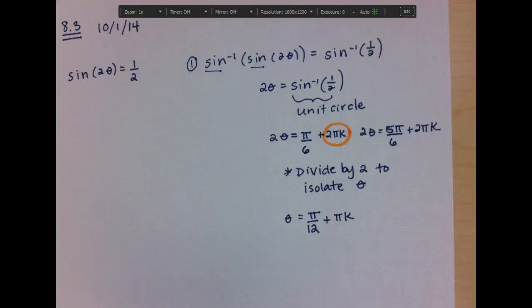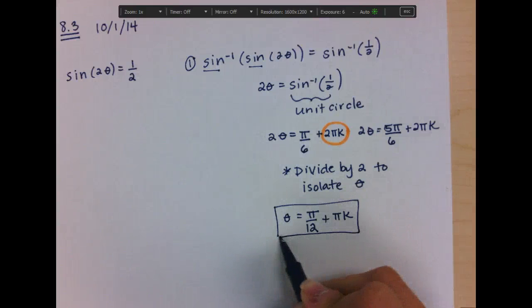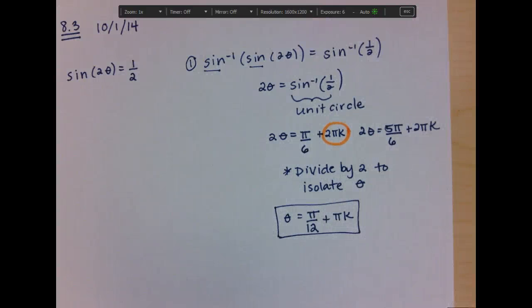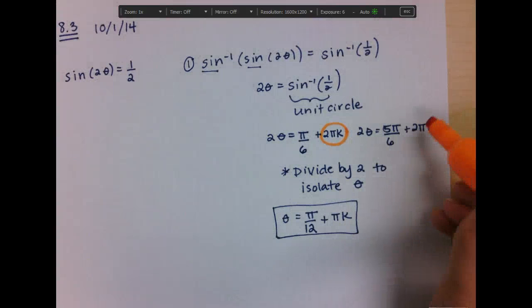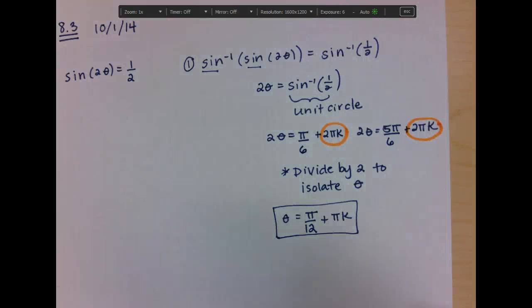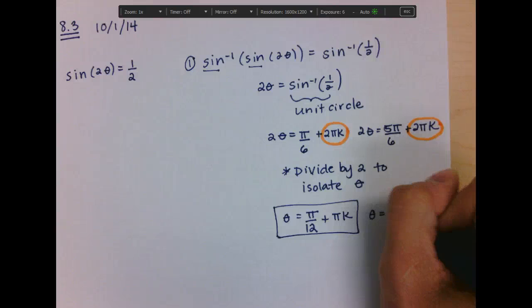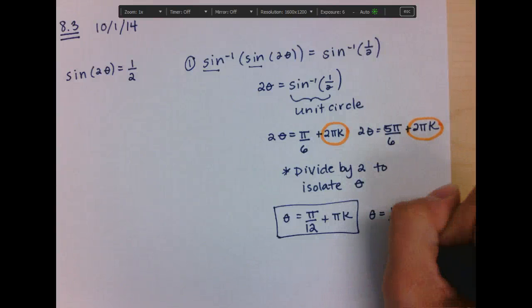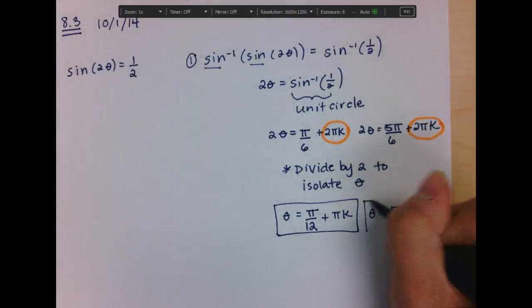So one of our general solutions is pi over 12 plus pi k, not 2 pi k, as I had initially written. And the same thing over here: I need to divide both sides by 2 to isolate that theta, and I need to do it in the 2 pi k part as well. So 5 pi over 12 plus pi k, not 2 pi k.